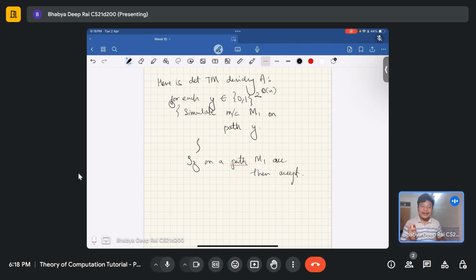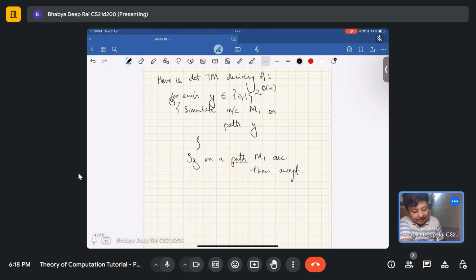And so what is the time taken by this machine? For each of the 2 to the order n paths, I am taking some order n time. So it's 2 to the order n times order n.